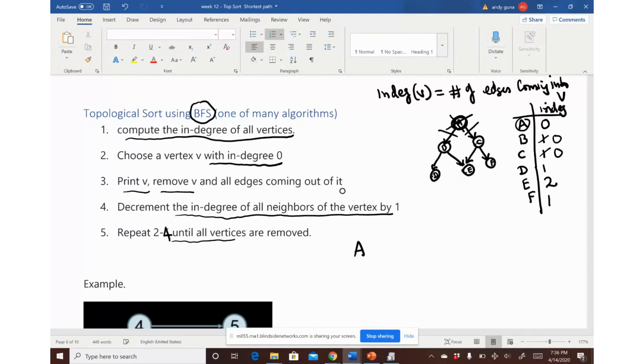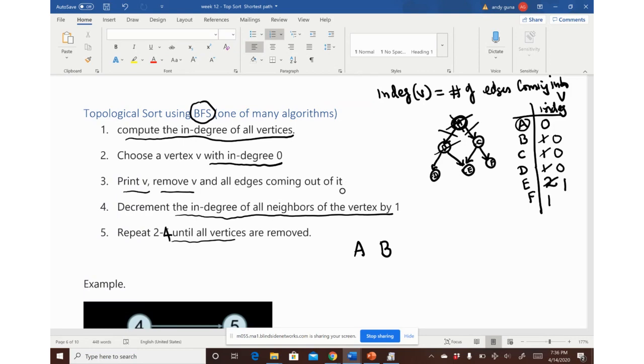Repeat until all vertices are removed. So the next one, we're going to find one with the in degree 0, which is B. And then we remove B, and then we reduce the in degree of connected vertices. For example, D needs to be reduced by 1, and E needs to be reduced by 1.